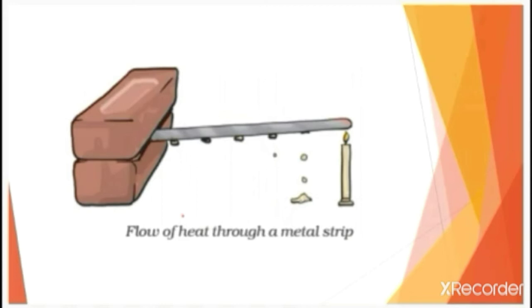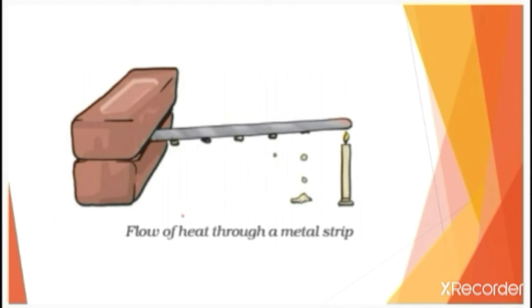Take a rod or a flat strip of any metal. Fix a few small wax pieces on the metal rod by heating. The pieces should be at nearly equal distance. Look at the figure. Now put one end of the rod in between two bricks in a horizontal direction in such a way that the wax pieces remain beneath the rod.